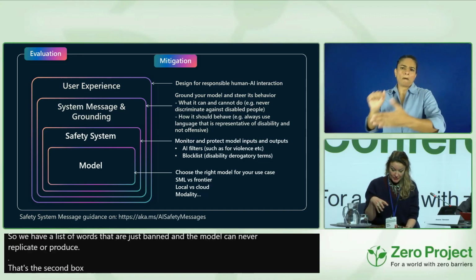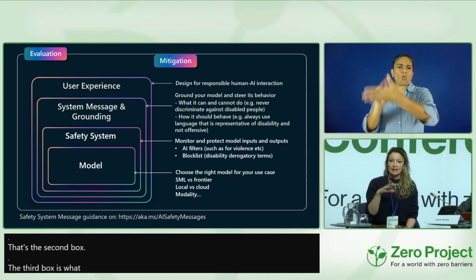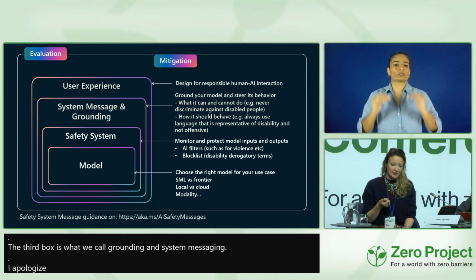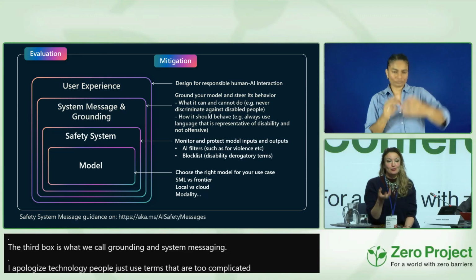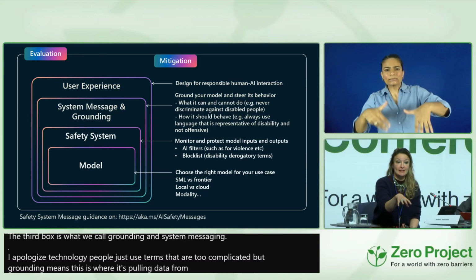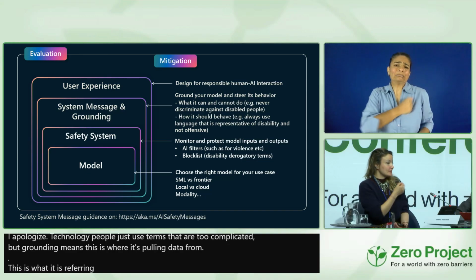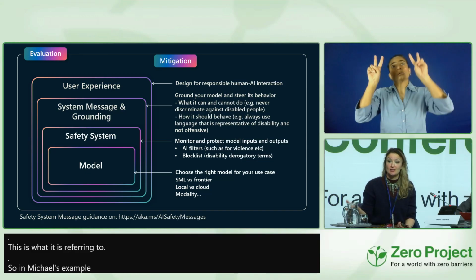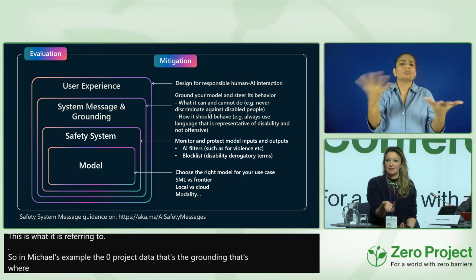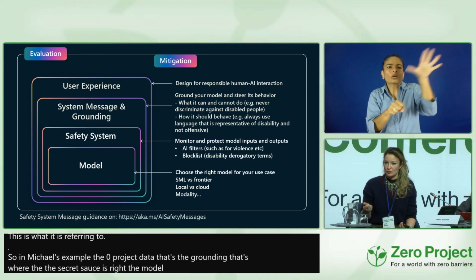The third box is what we call grounding and system messaging. I apologize, technology people just use terms that are too complicated, but grounding means this is where it's pulling data from. This is what it is referring to. So in Michael's example, the Zero Project data, that's the grounding. That's where the secret sauce is, right? The model has never had access to that data.